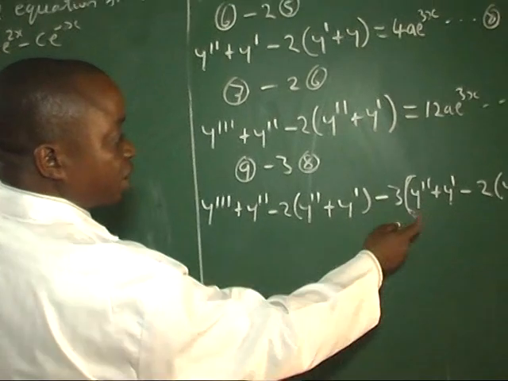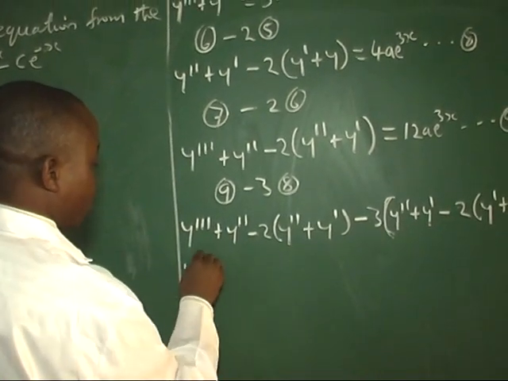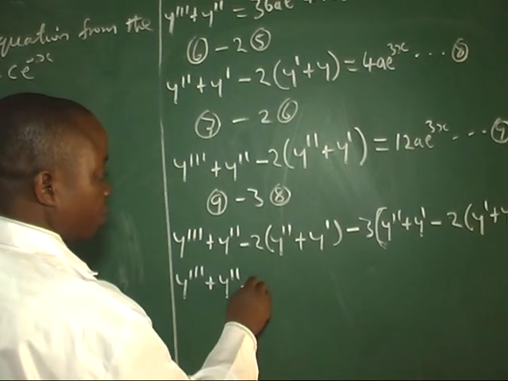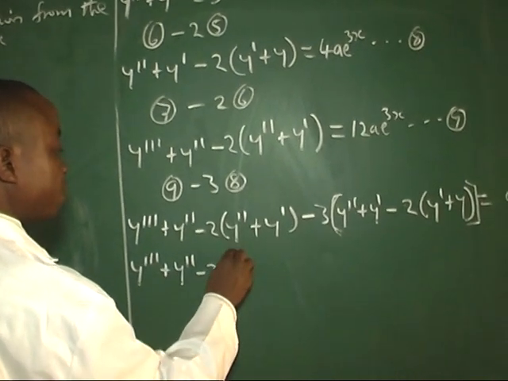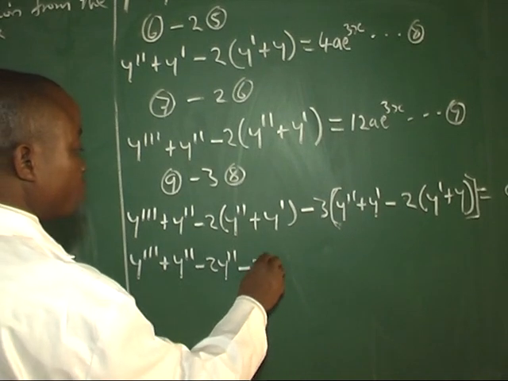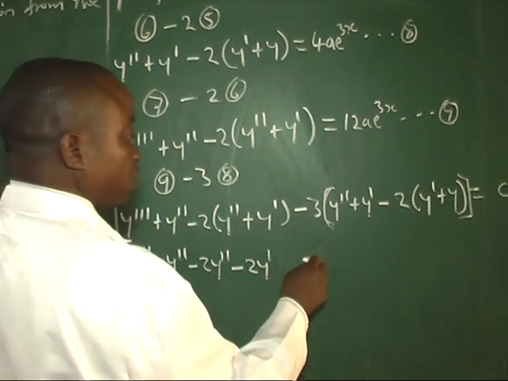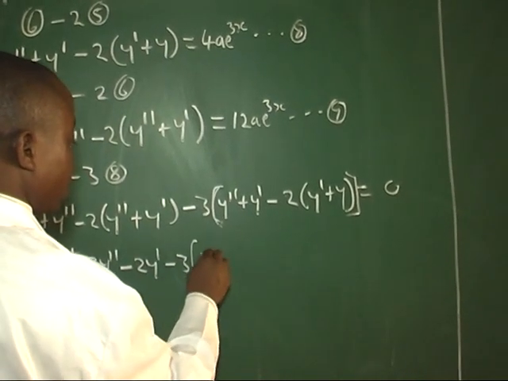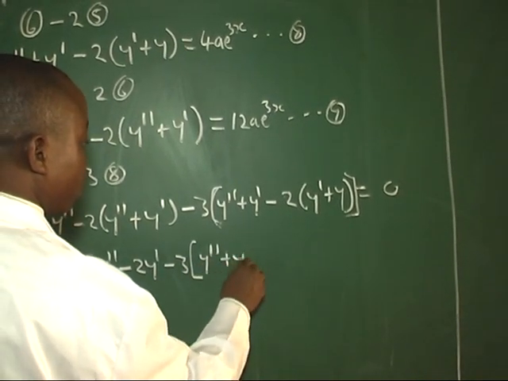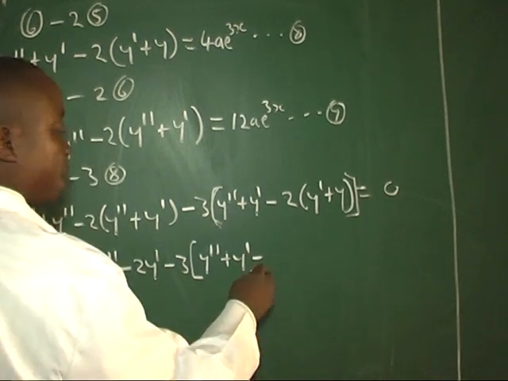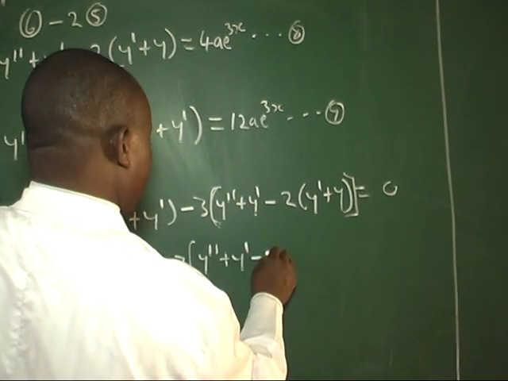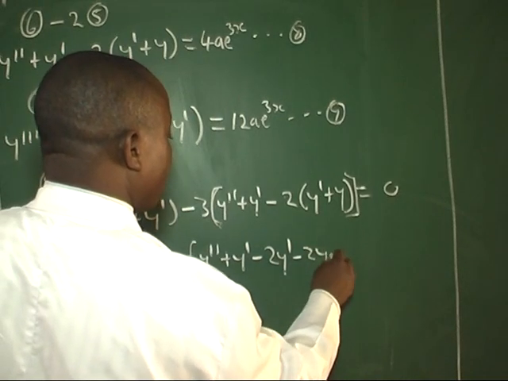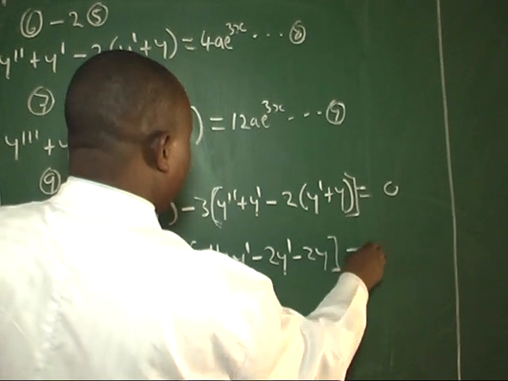So to open up here, we now have y''' plus y'' minus 2y'' minus 2y'. Then we can open up here to have minus 3y'' plus y' minus 2y' minus 2y is equal to 0.